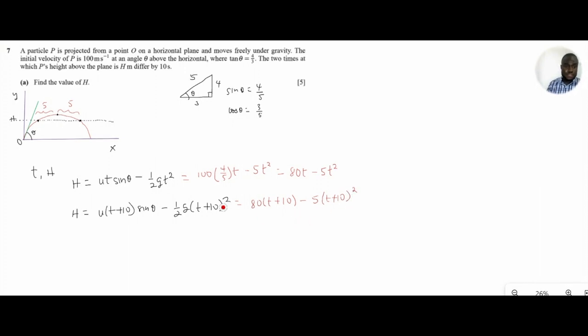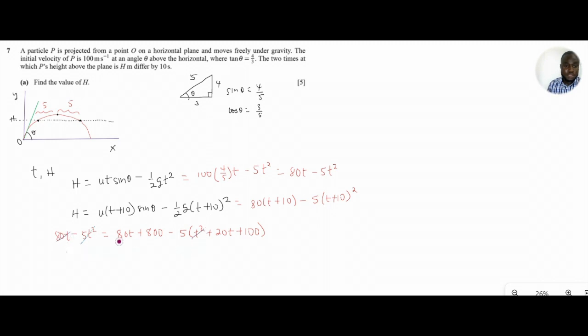We have that. Now, since the two h's are the same, you can equate the two, simplify, and solve for t. And when we know what the value of t is, substitute that back into any of the two equations to get the value. The negative 5t squared and this negative 5t squared go away.